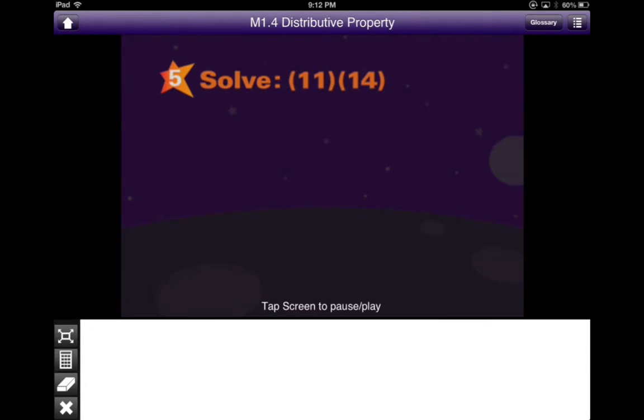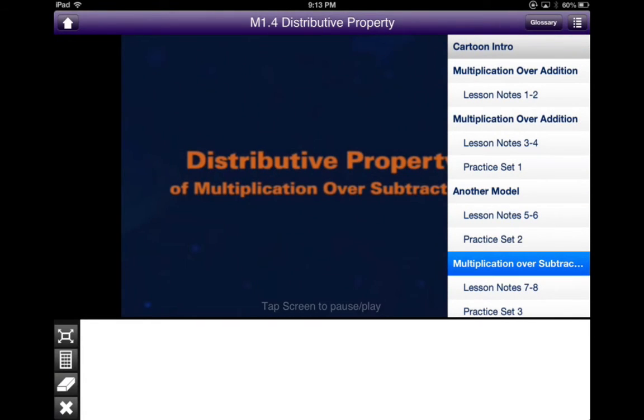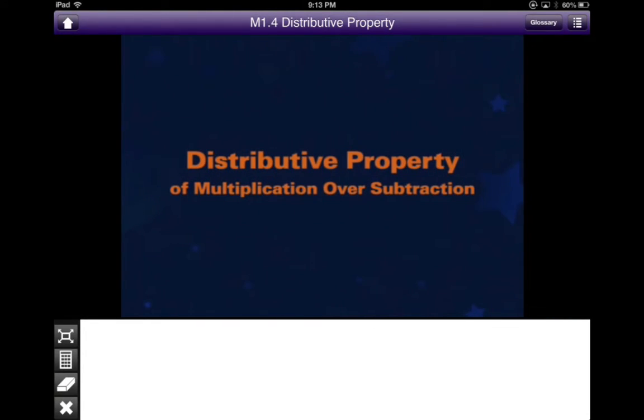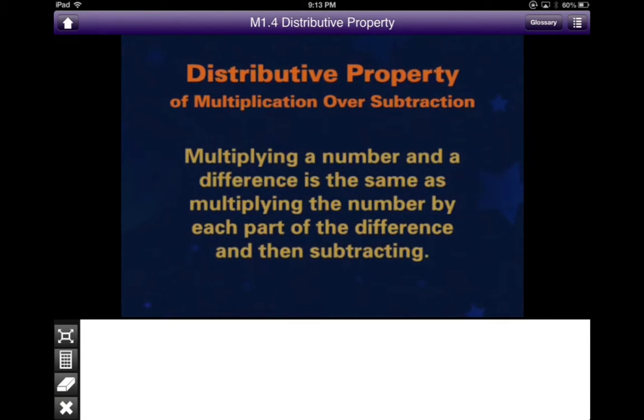All right, let's go ahead and jump right to subtraction. I want to show you one example with subtraction, and then we will write this down. Don't tell me. There's a distributive property of multiplication over subtraction. Indeed there is. Multiplying a number and a difference is the same as multiplying the number by each part of the difference and then subtracting.